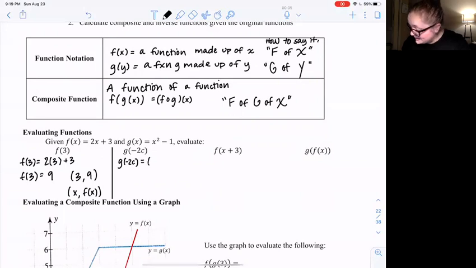So I'm going to plug in negative 2c squared minus 1. We're going to square that negative 2c. So negative 2 squared is 4. c squared is just c squared, minus 1. And that's all we have. So we get 4c squared minus 1.